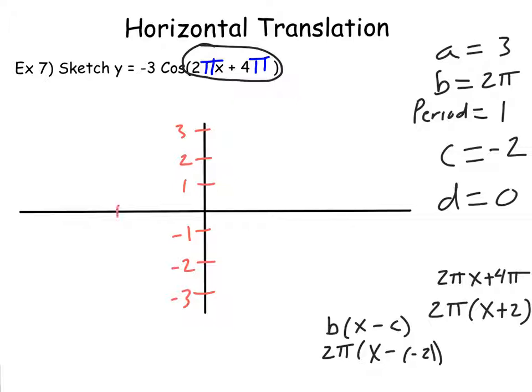Let's go to negative 1. I don't want this to get too cluttered. I'll put the halfway points here, and that's all I'm going to put. Now I'm going out to negative 2 and 2.